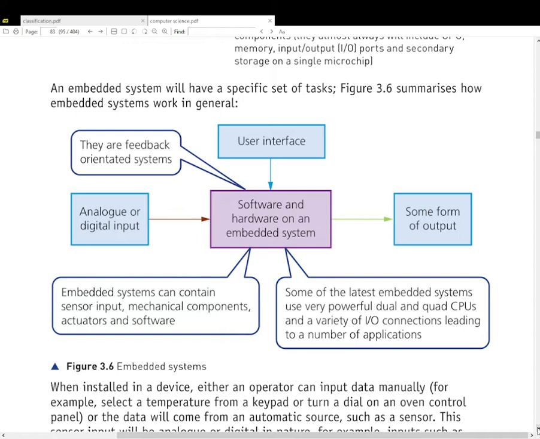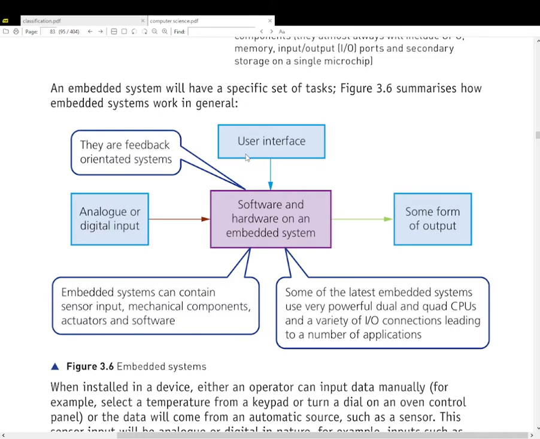Now, having said that, it is imperative that you look at this diagram and begin to understand something about embedded systems. An embedded system consists of hardware and software. As you can see, it is the main thing that is being shown here, and there's also some element of user interface.